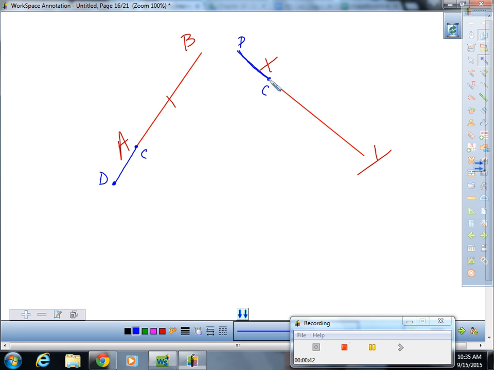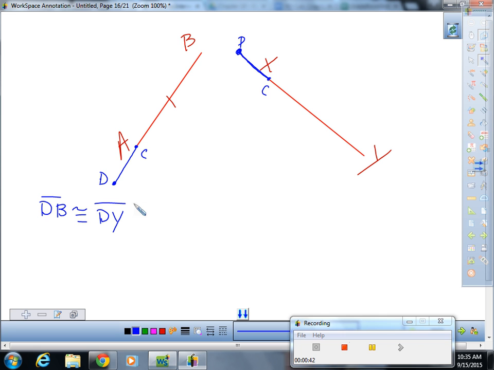Again, these points are in line. Then what we know is that DB is congruent to DY by segment addition. So that's all we're talking about here.